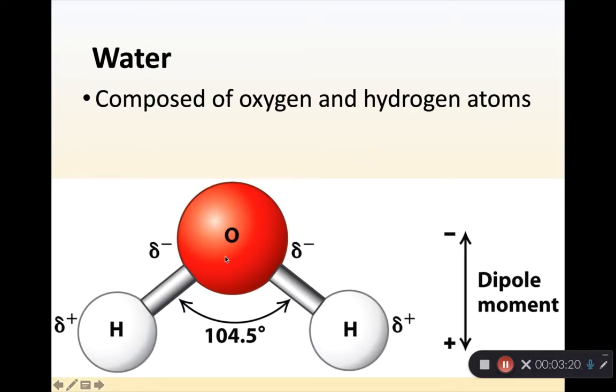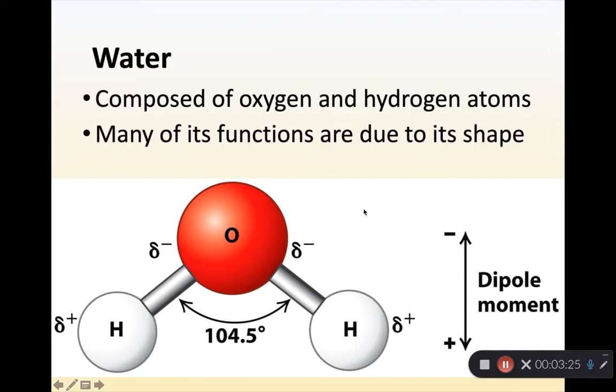It's composed of oxygen and hydrogen atoms, and because of its unique shape, where we get this dipole moment with hydrogens at one side and oxygen at the other, you get positive and negative charges on this molecule that enable it to be essentially sticky, because it's able to form bonds both with itself and with other molecules.